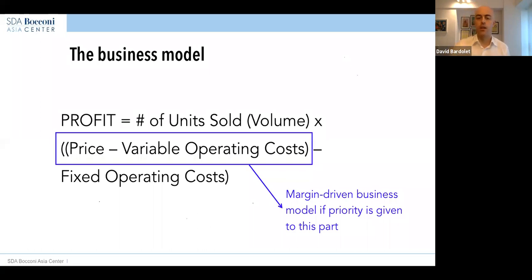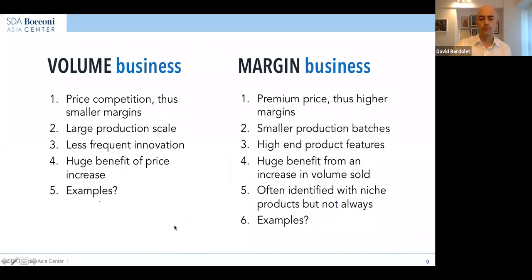Okay? So let me just move to some more characteristics of this, but are along the same lines, right? Just to reinforce a little bit this difference. In a volume business, it's about price competition, so the margins will always be sacrificed.